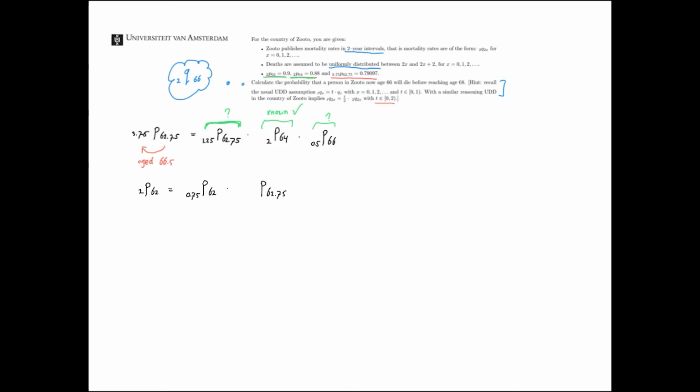So 0.75 plus what is 2? Well, plus 1.25. And this is exactly the probability that we are interested in.